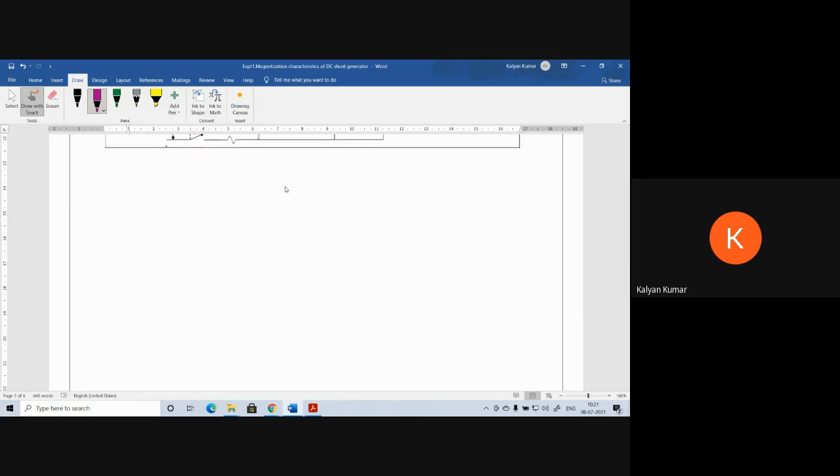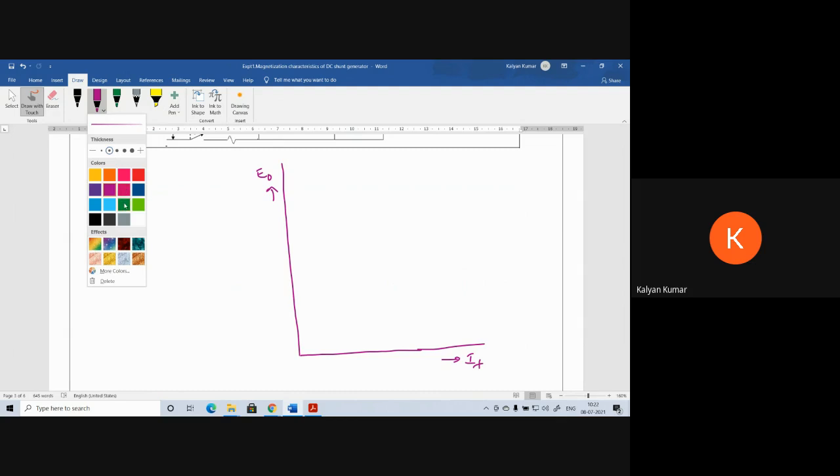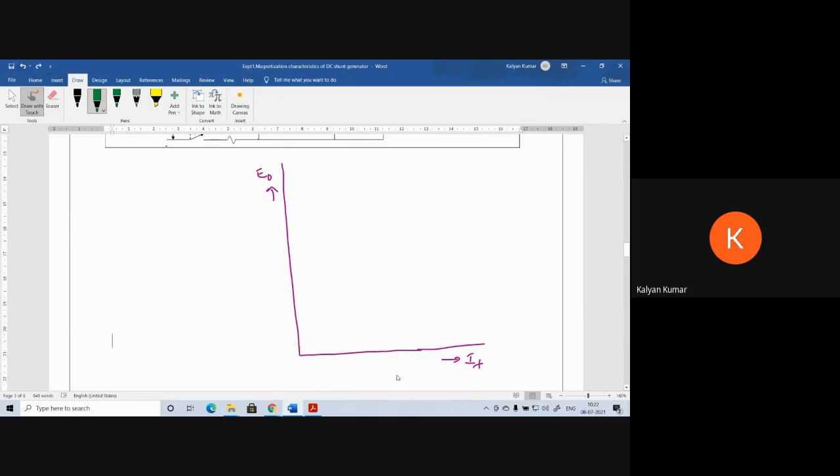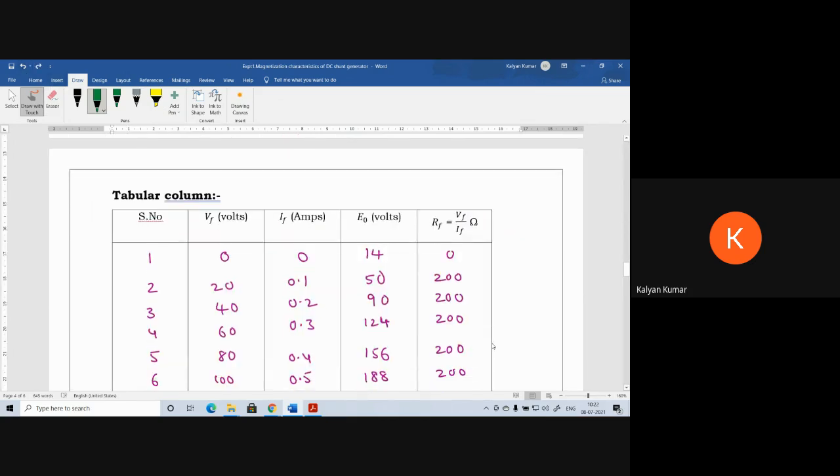Taking field current on the x-axis and E0 on the y-axis, for zero field current we have 14 volts as the induced EMF.